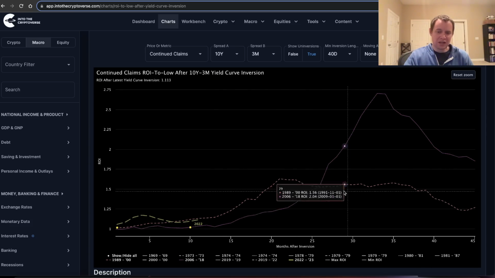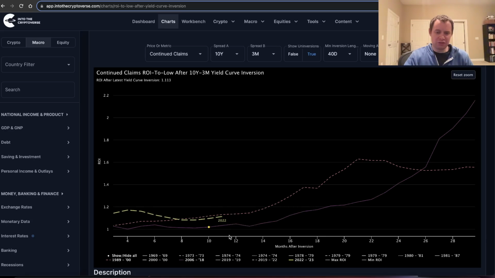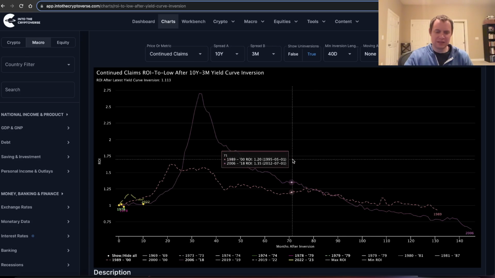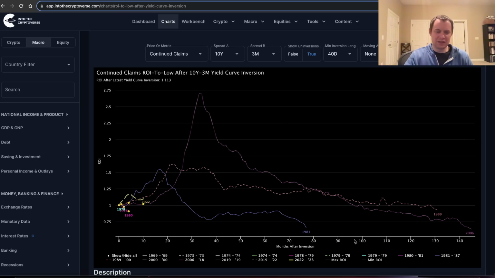This is months after inversion. It can take a while for it to really start moving higher. Again, this goes back to the idea that just because it doesn't happen overnight doesn't mean it's not going to happen. It doesn't have to happen immediately for it to happen.